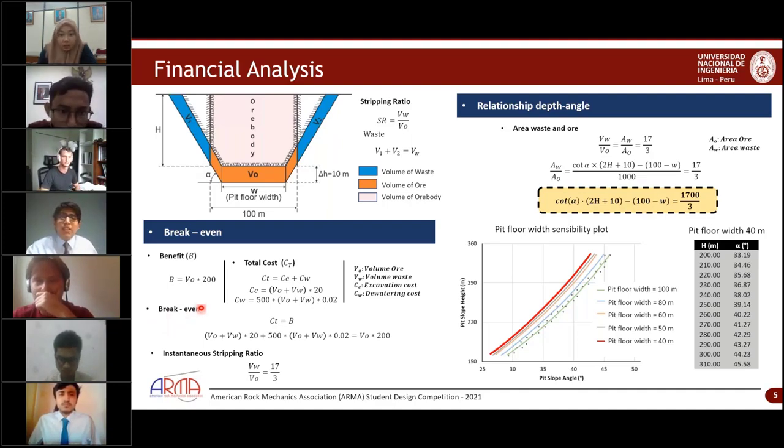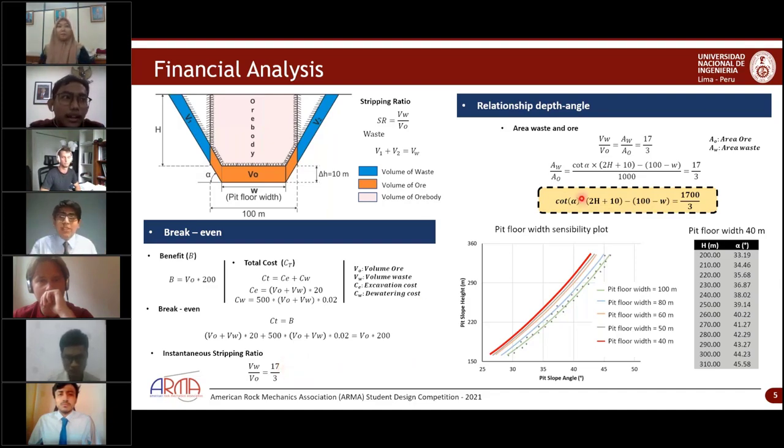Likewise, we calculated the total cost of mining due to excavation and dewatering following the expression shown here. By making the benefit equal to the cost, and by rearranging the terms of the equation, we found an instantaneous stripping ratio equal to 17 divided by 3.